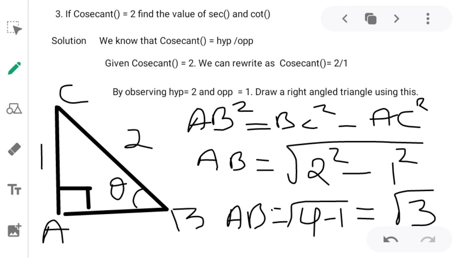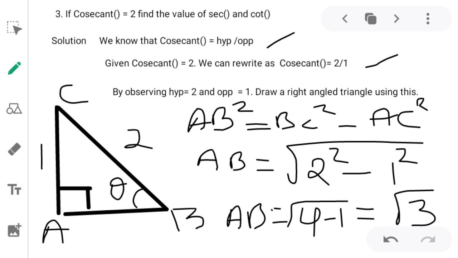We can rewrite it as 2 by 1. If we divide 2 by 1, the answer is 2 only, so it doesn't change. Cosecant theta equals 2 by 1. By comparing the numerator, hypotenuse becomes 2 and opposite in the denominator becomes 1.